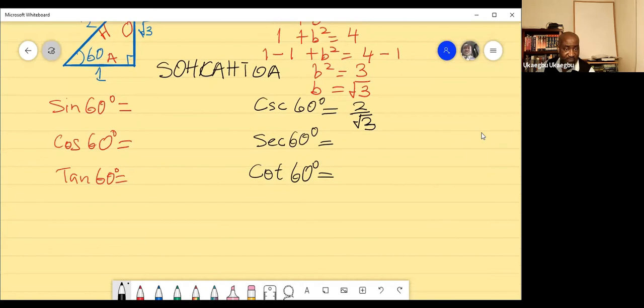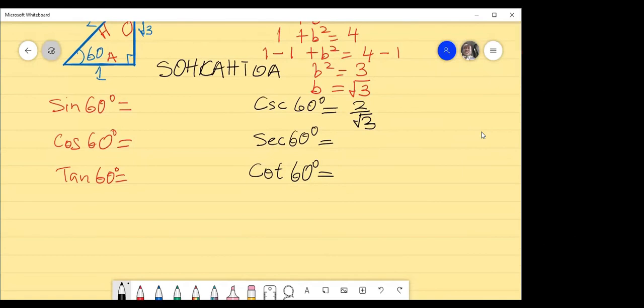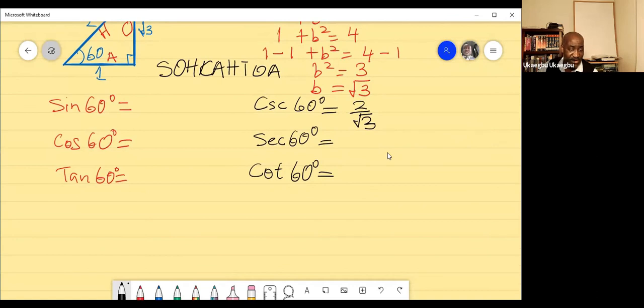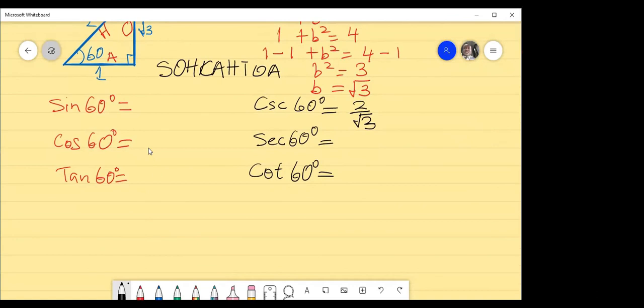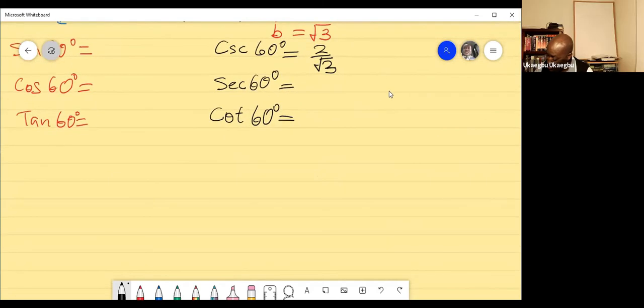Remember, tangent is opposite over adjacent. So cotangent is what? That should be tangent. How about cotangent? Yeah, cotangent. Oh, I'm sorry. 1 over square root of 3. So I want to write this one. 1 over square root of 3.